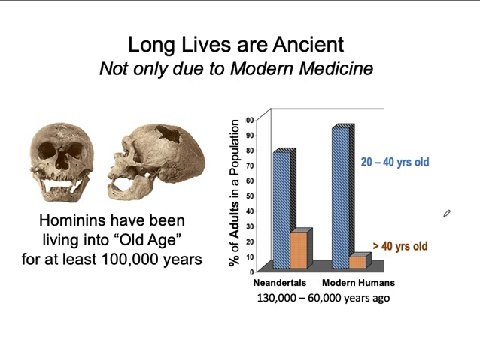So it's not only that we have modern medicine, it's probably an evolved part of who we are as a species that we can then enhance through modern medicine, through better hygiene, through exercise, through calorie restriction and diet, and so on.